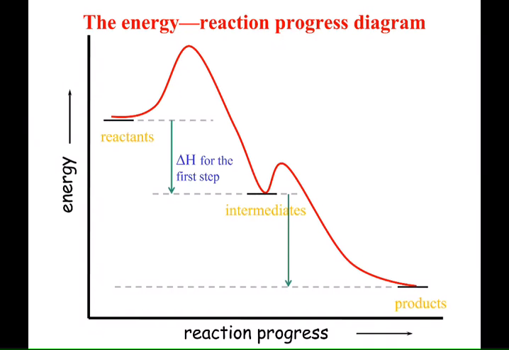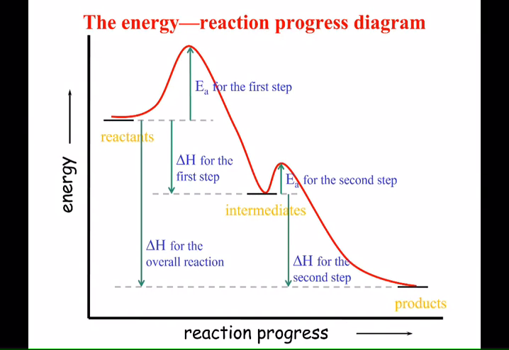Which elementary step has the greater activation energy? Is it the first or the second? The first. And that's not an accident. Your rate determining step has your highest energy barrier.